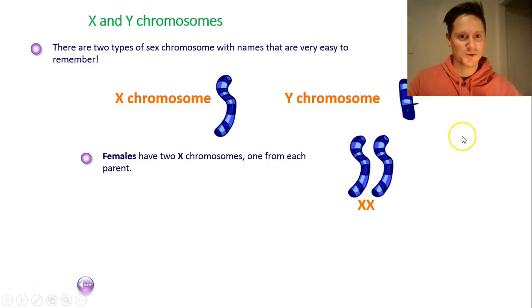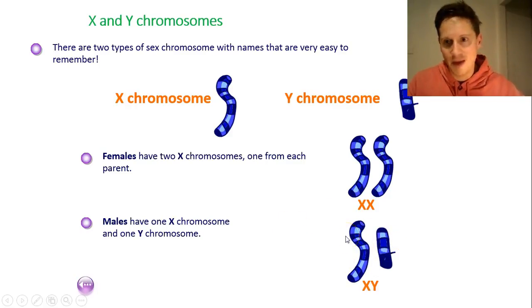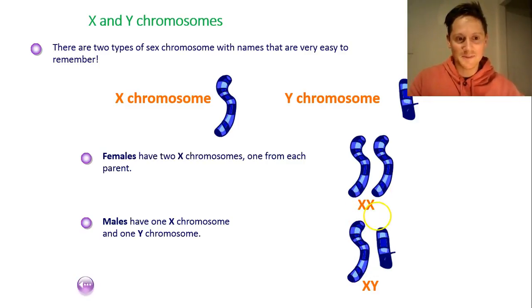The Y chromosome is a bit shorter. If you're a male, you have one X chromosome from your mum. And you're going to have one Y chromosome as well, okay? So one X and one Y is a male.